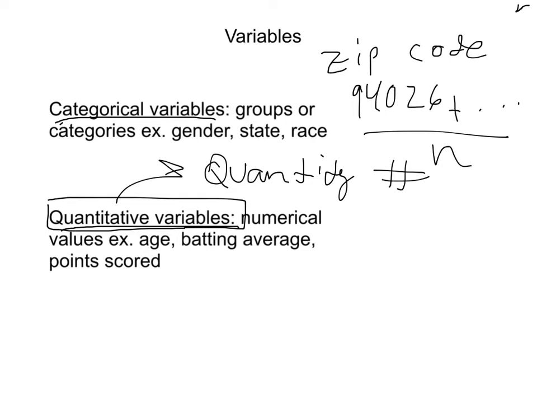That's not going to work, because zip codes are just a list of numbers to show where somebody lives, what city they live in. So zip code, despite being based off of numbers, is actually a categorical variable. So keep that in mind for other things like telephone number, area code, that sort of thing.